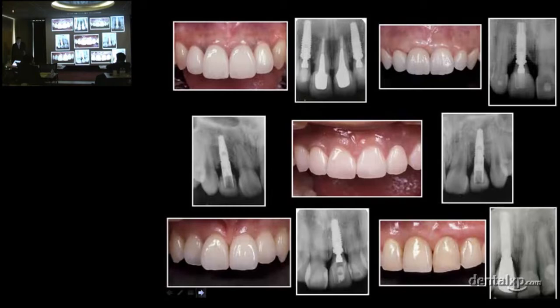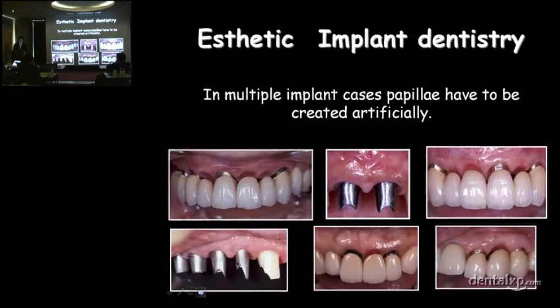In single implant cases, the papilla between the implant and the natural tooth will be supported by natural periodontal attachment. But in multiple implant cases, we must mimic a natural healthy appearance by managing surrounding tissue with abutments and superstructures.